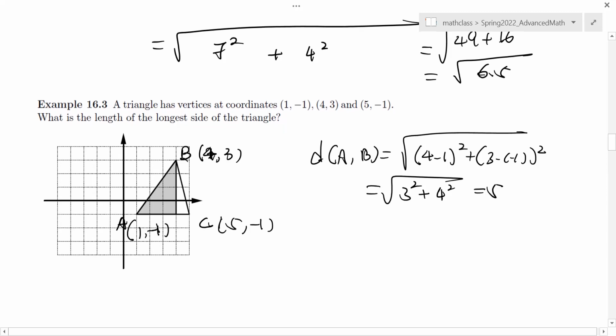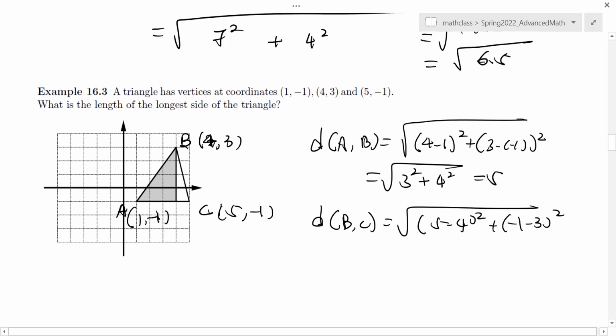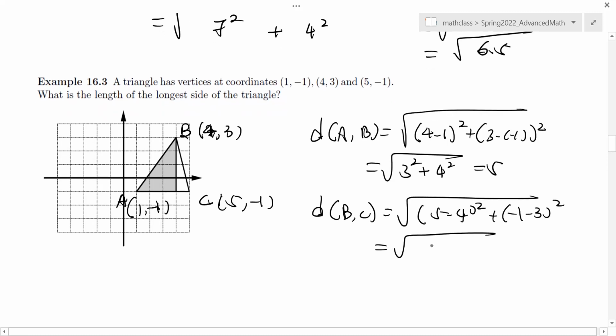You can also check the distance between B and C, which is (5 minus 4) squared plus (-1 minus 3) squared. You will see it's going to be 1 plus 4 squared, which is 1 plus 16, so the square root of 17.